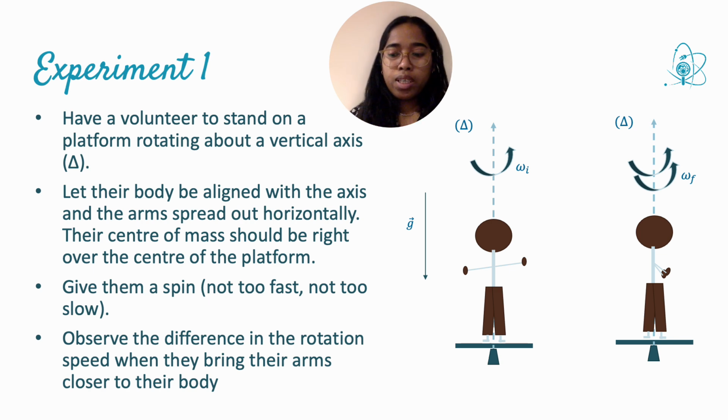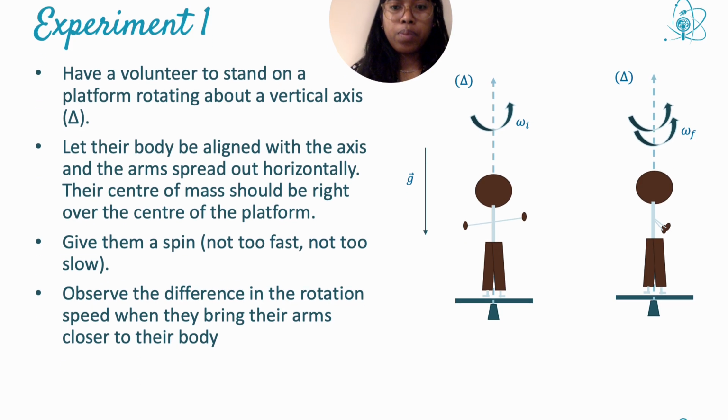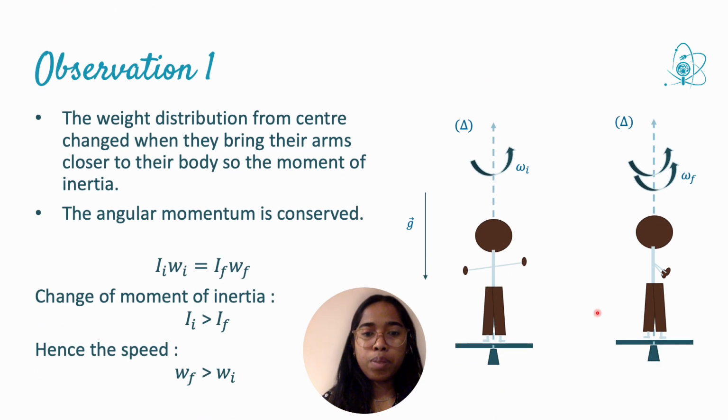It's already explained previously, but we will have a much deeper explanation here. How to explain this? The angular momentum is conserved. So we have this equation stating the conservation.